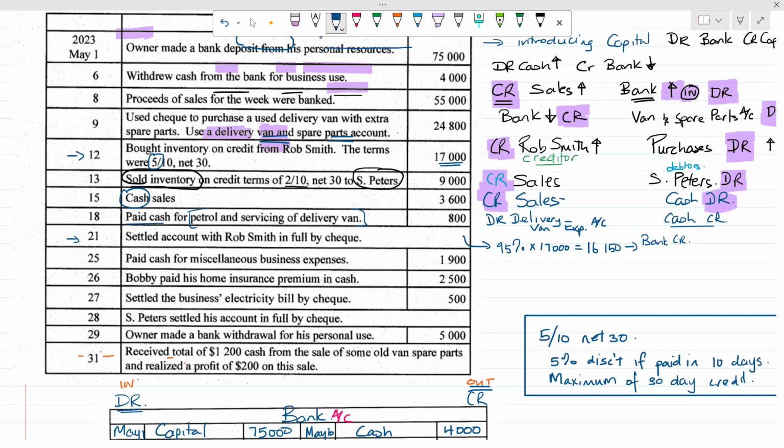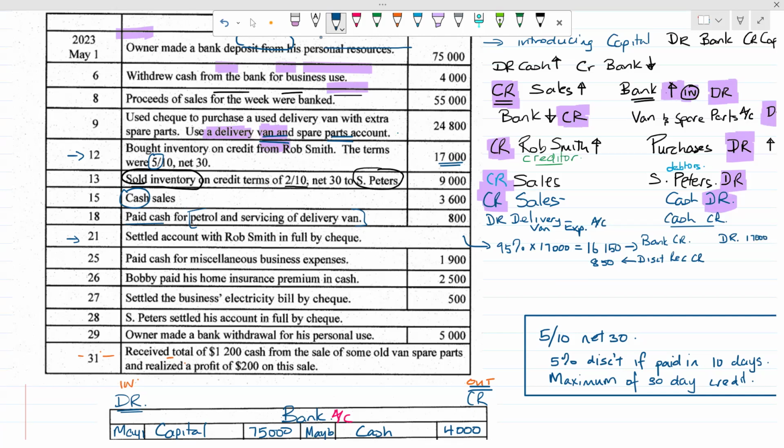We're also going to credit discount received for the amount that we didn't have to pay, which was $850. And we have to debit his account for the 17,000.